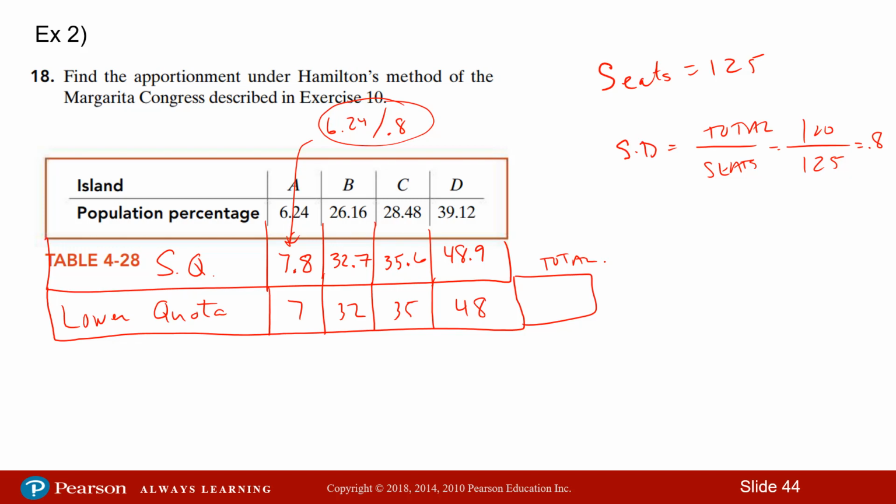All right, what do we got here as the total? 122? 122, so we have 3 seats left that are not occupied yet.